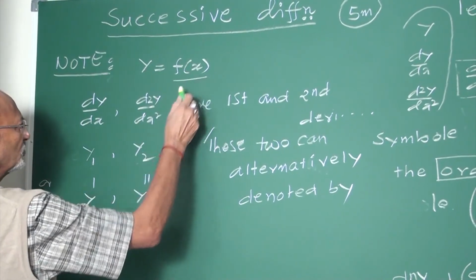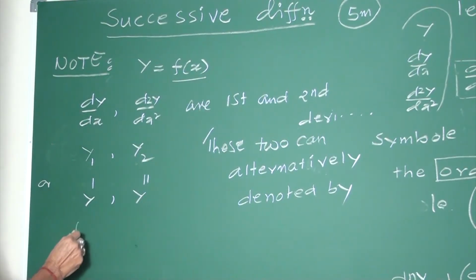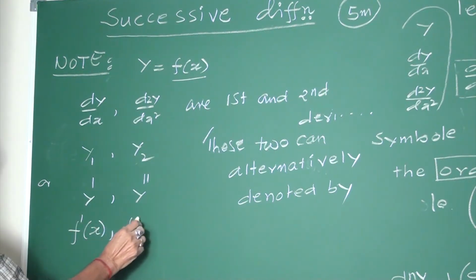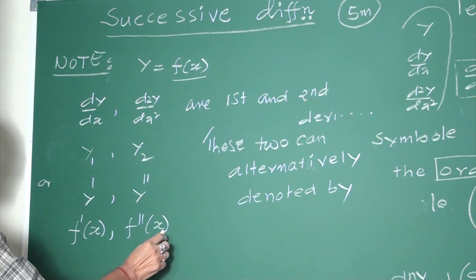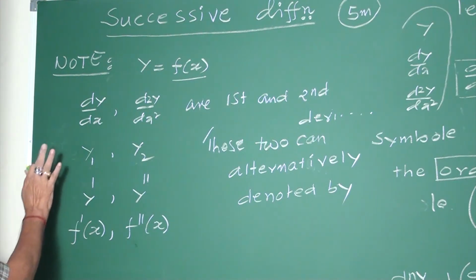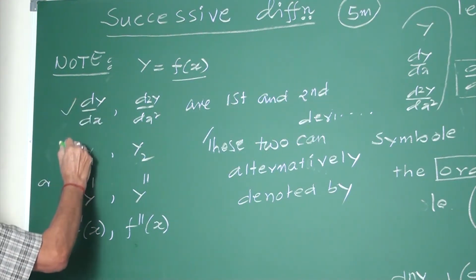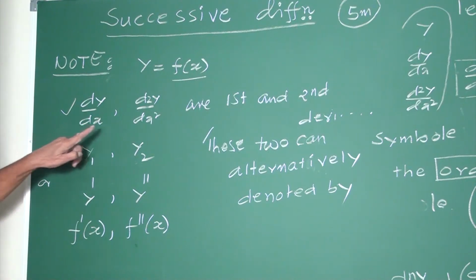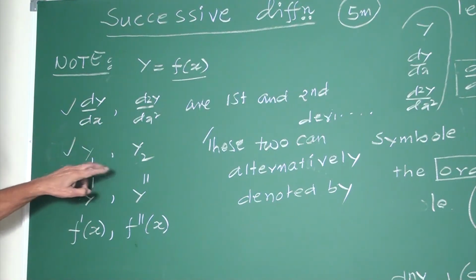In terms of f, this will be f dash x or f double dash x. These are very popular: dy by dx, d2y by dx2, y1 and y2.